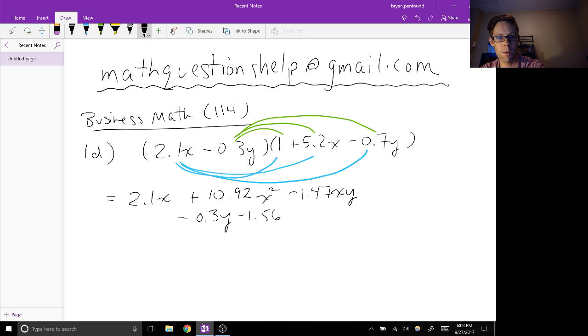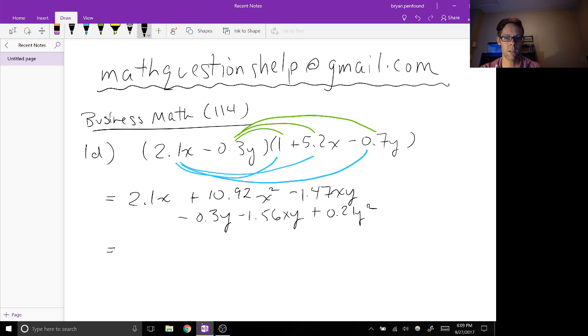And let's look at the variable portions. I have a y and an x. I'm just going to put them in order like this, an xy. And finally, 0.3 times 0.7. That's going to give us positive 0.21. And looking at the variable portions, I'm going to get a y squared. So those would be the 3 pieces that correspond with the green arcs that we see.